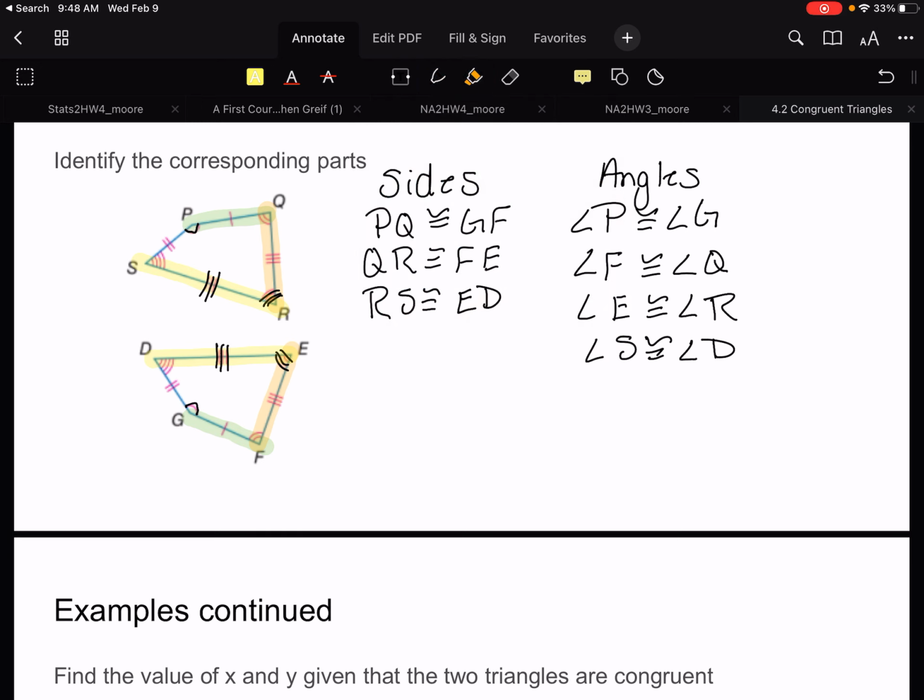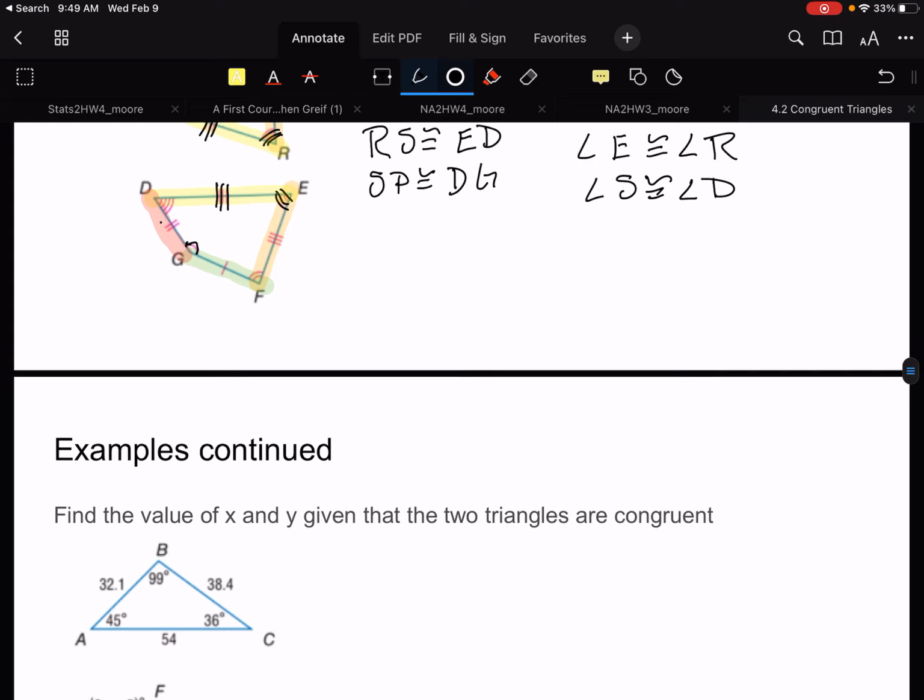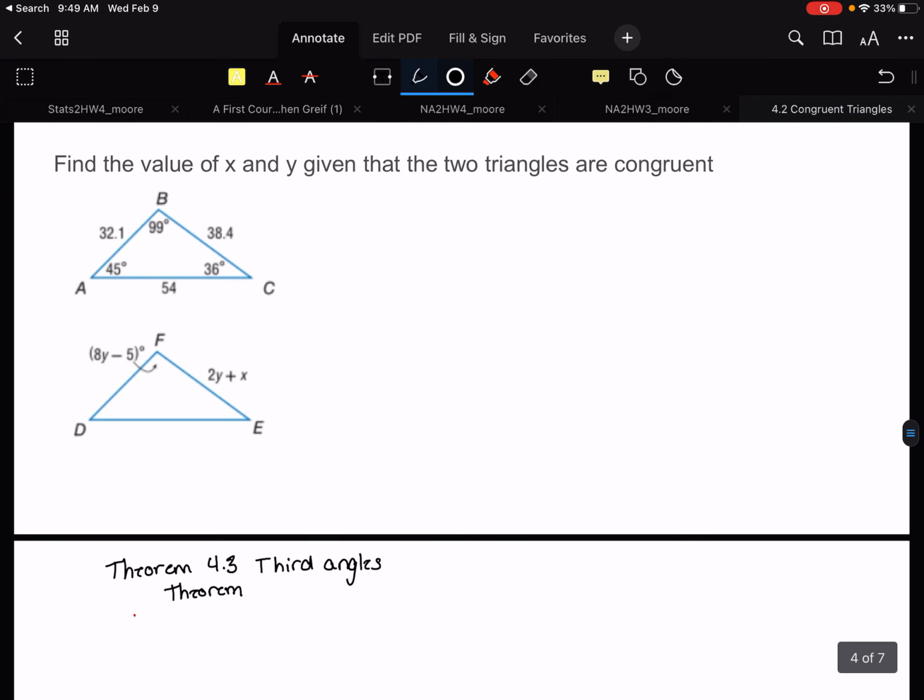Last one, S to P and D to G. Oops, D, not P. So S has 4 arcs, D has 4 arcs, we said that. And we said that P and G are congruent already. So we have 4 sides that are congruent, 4 angles. And that's all it is. We're just basically stating what parts are congruent to what.